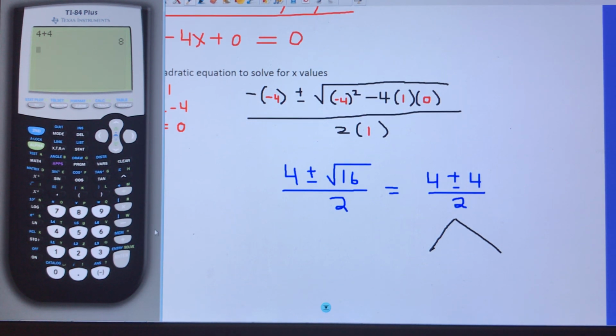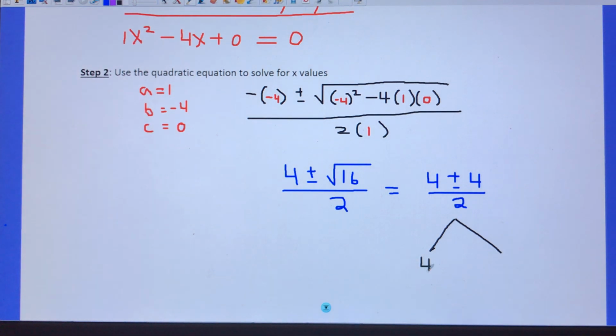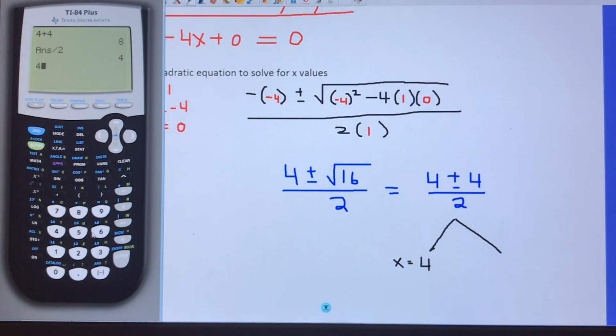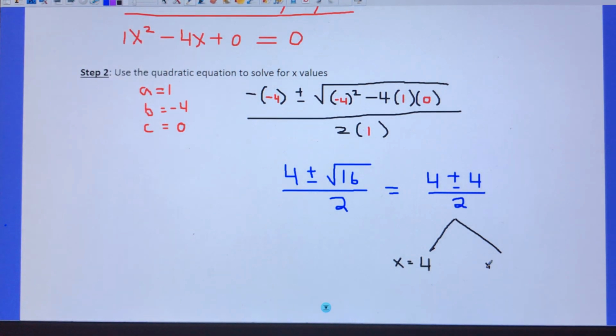Do 4 plus 4, enter, and then divide by 2. And then you get 4. So x equals 4. Now do it for the minus sign. That should be easy. It's 4 minus 4, enter, divided by 2, and you get 0. So x equals 0. You got x equals 4 and x equals 0.